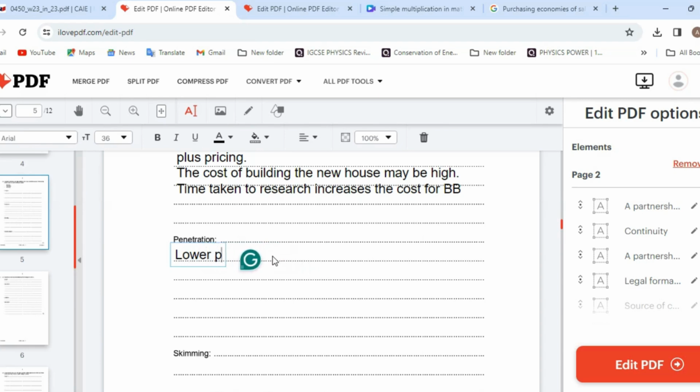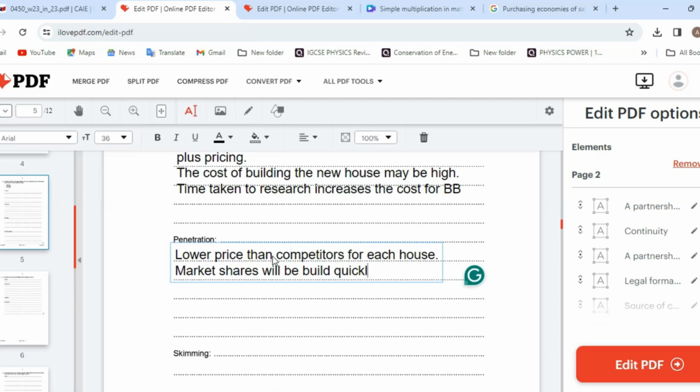That will also increase sales, and due to that, market share will be built quickly.